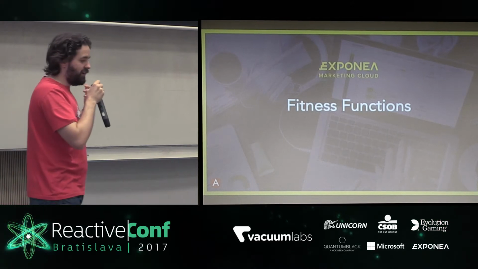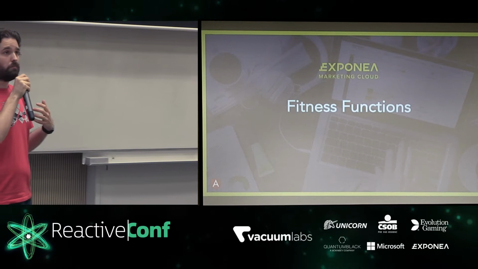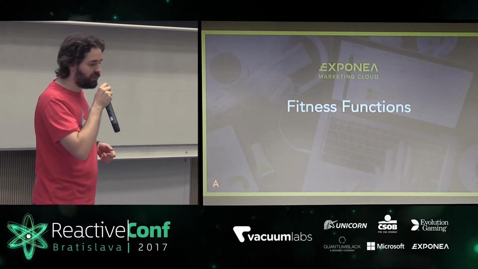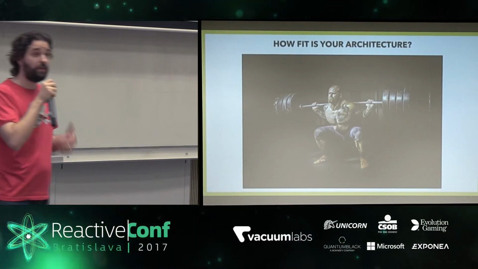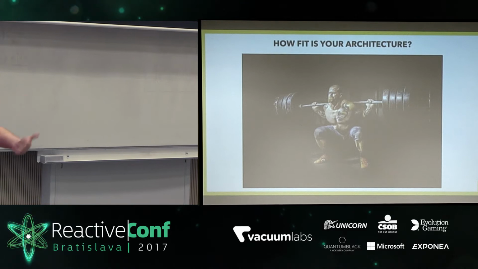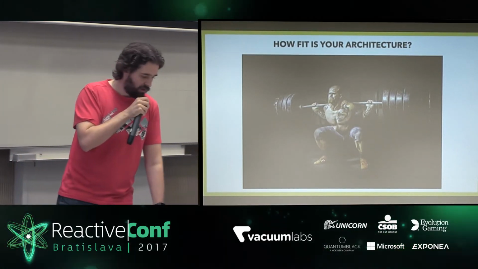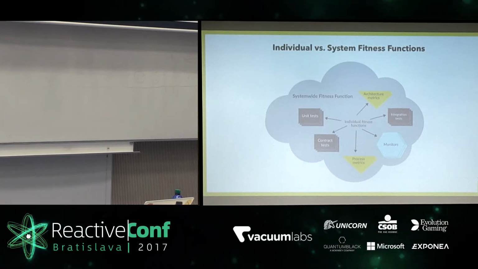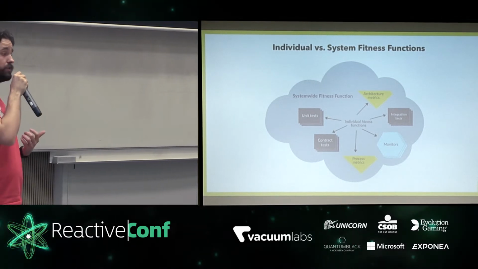But what's unique about the book is it says that you should measure that all. You should do data-driven development. You should basically ask yourself how fit is actually my architecture at any point in time, and what actually measures the fitness of the architecture are fitness functions.